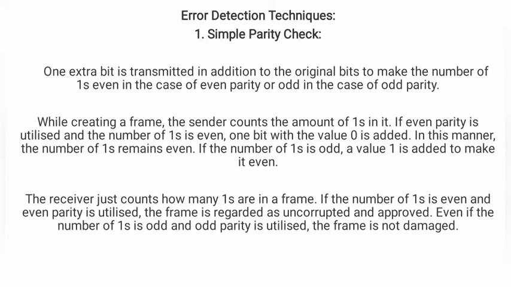If the number of ones is odd, for example 1, 3, 5, 7, 9, then parity bit 1 is appended, and if the number of ones is even, 2, 4, 6, 8 like this, then parity bit 0 is appended at the end of the data unit.